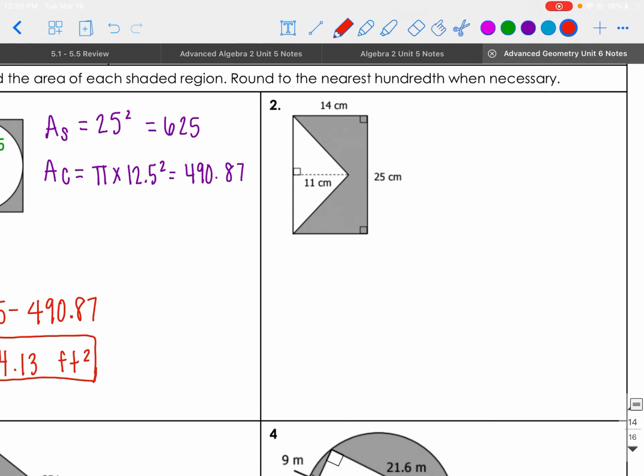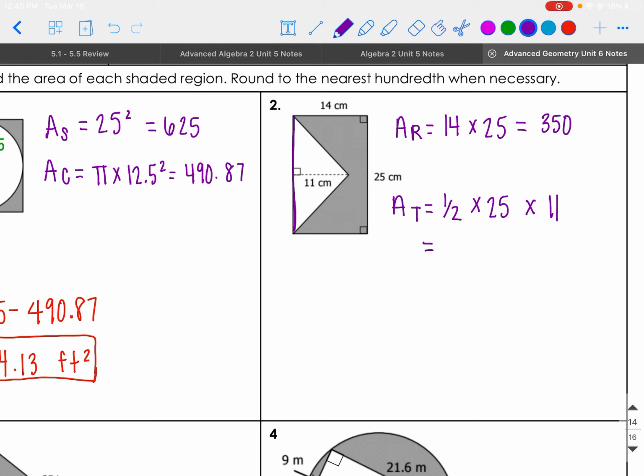Number two, we have a rectangle that had a triangle cut out. So the area of the rectangle, 14 times 25. That's 350. And the area of the triangle, half times base, 25, times the height, 11.